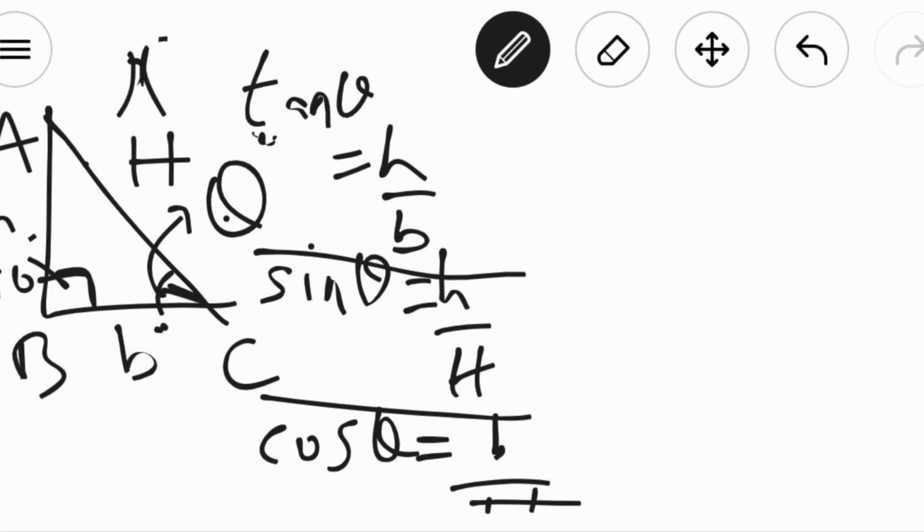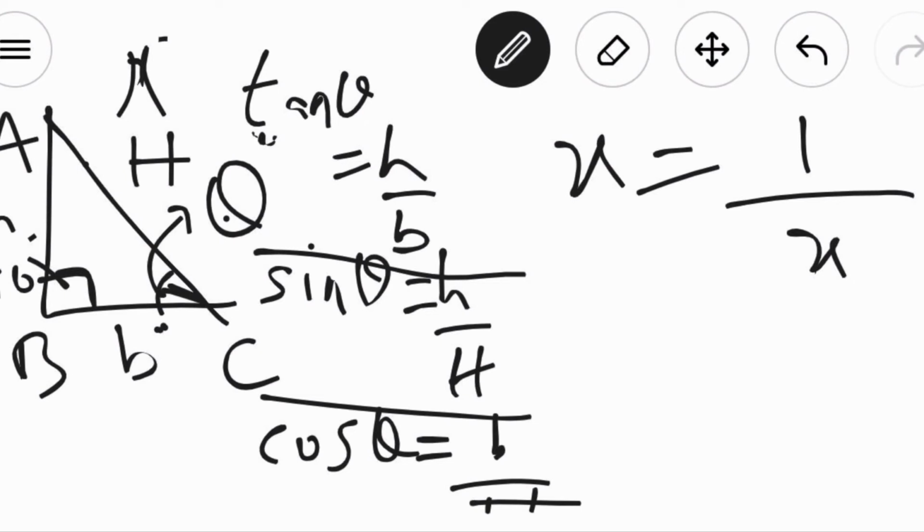These are the basic terms, and the next three are exactly the inverse of these three. We actually have two meanings for inverse in this topic. The first inverse means the reciprocal. If you want to take the inverse of x, it's 1 over x.